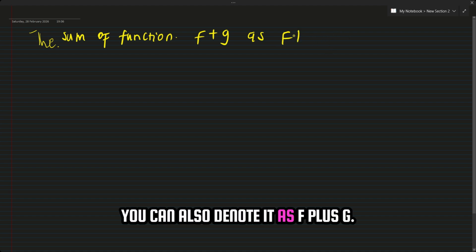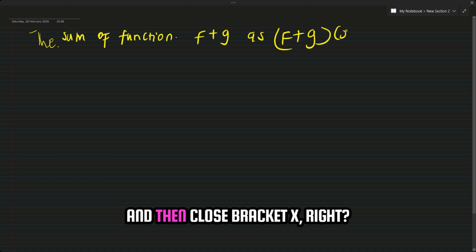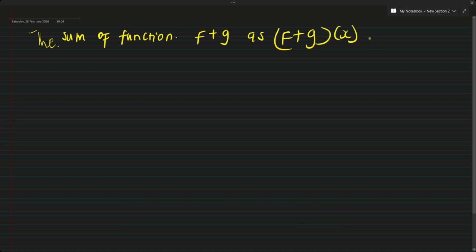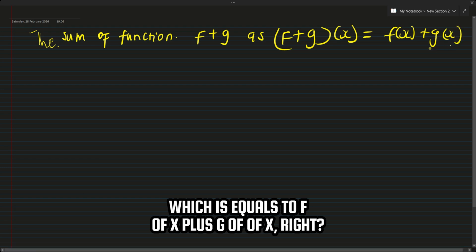We can also denote it as (f plus g) of x, right? Which is equal to f of x plus g of x, right?